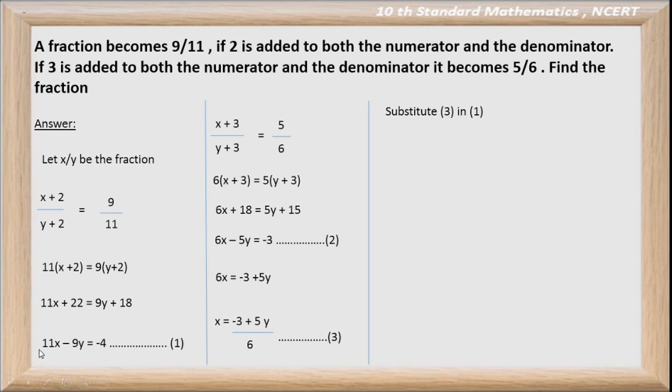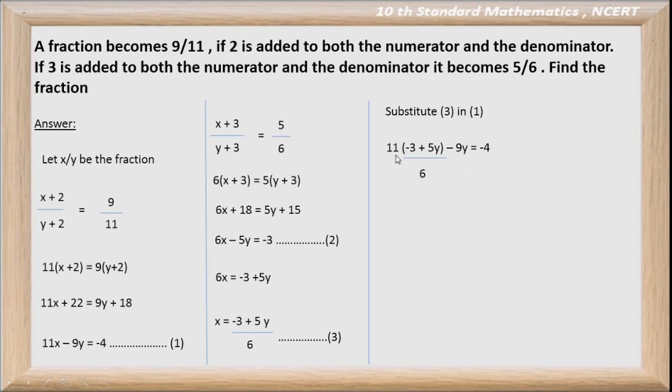Now substitute the equation 3 in 1. What is the first equation? See, this is the equation number 1. In this x place, we are giving that minus 3 plus 5y by 6. So here 11 into x, x is minus 3 plus 5y by 6, minus the remaining part 9y equal minus 4.